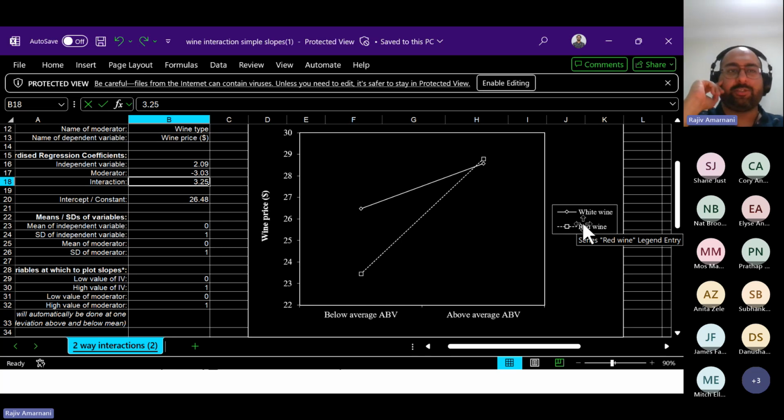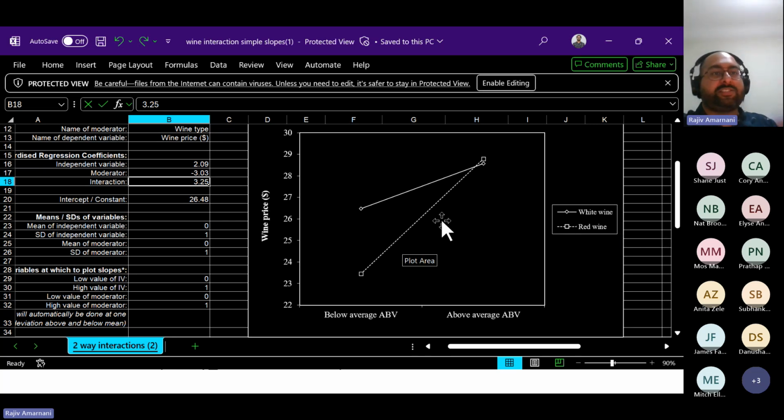There are ways to do it. It's called multinomial regression. That is way beyond the scope of what we do. I know PhDs who can't do that. It's extra complicated. What I would advise if you do this interaction is pick moderators that are interval or that are binary.